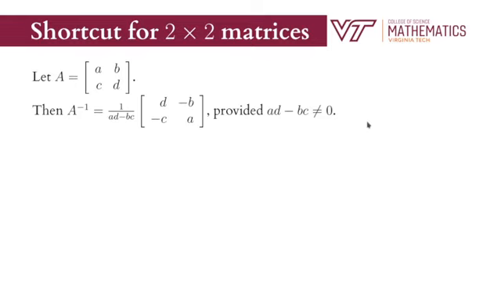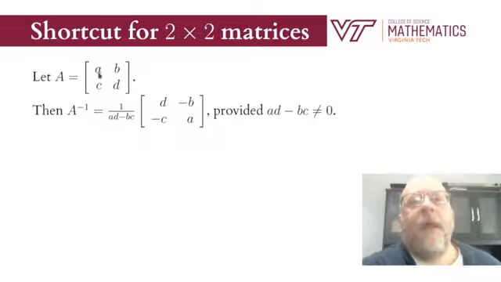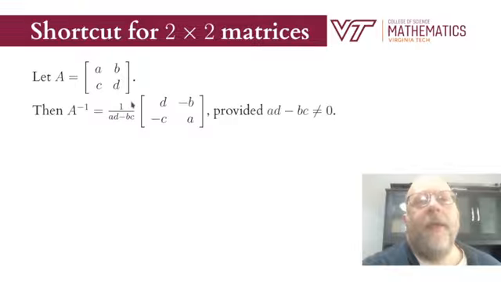We have an even shorter cut for 2x2 matrices. If I have a 2x2 matrix, then I can calculate the inverse of the matrix by taking the main diagonal, A and D, and switching their positions.